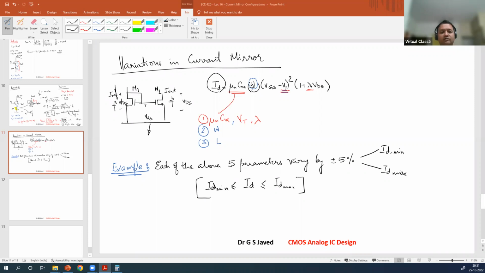So first one, when you have mu and Cox that you can vary, each one will have a min and a max. So what all will be min and max?